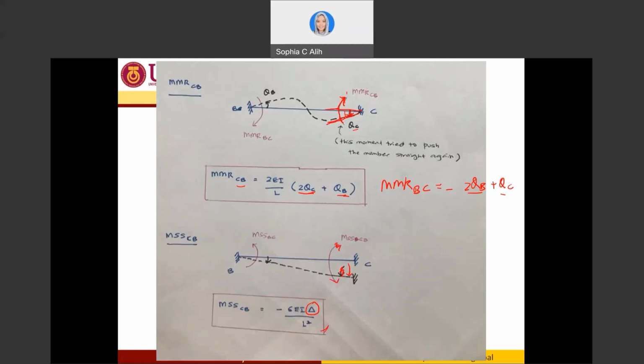If your settlement is in the clockwise direction, your delta is going to be positive, and the direction of your MSS is going to be opposite to the rotation due to the settlement. So if your settlement is clockwise, then your moment due to support settlement is going to be counterclockwise.